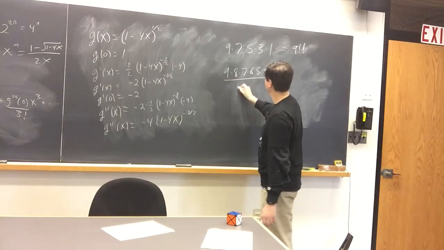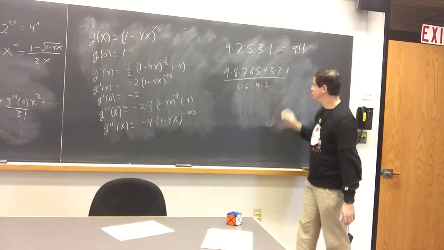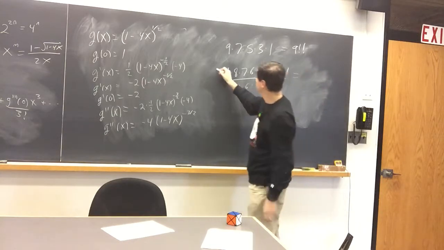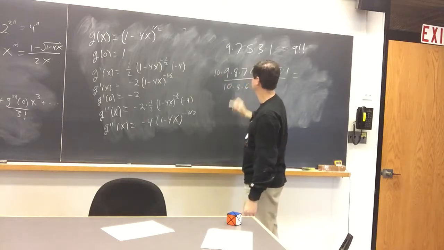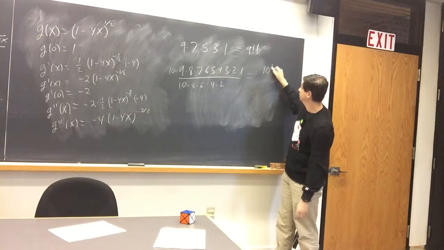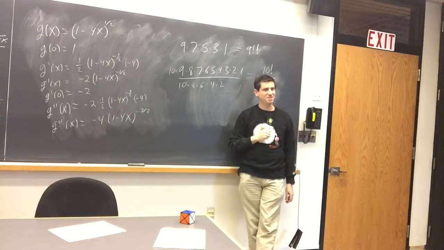So we'll divide by 8 times 6 times 4 times 2. In fact, it's a little convenient, I think, here to put in the 10 as well. The top is just 10 factorial. What's the bottom? It's another double factorial. It's every other.